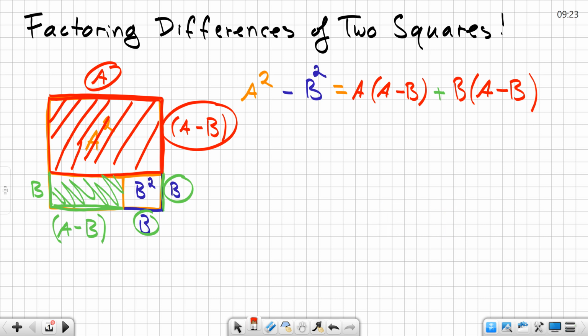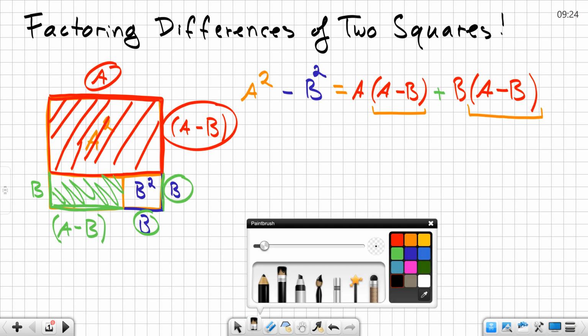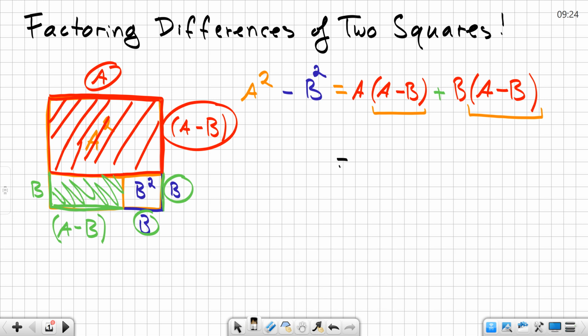All right. So what do I notice? I see that on the right side right here, there is a factor of A minus B. And this is the same thing that we have done before. I can factor this out.